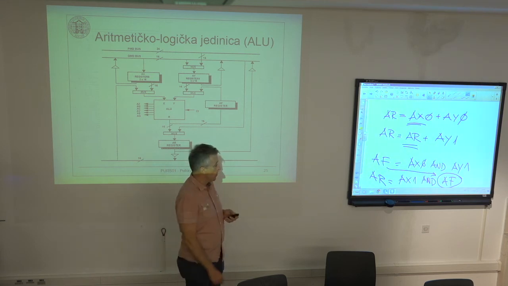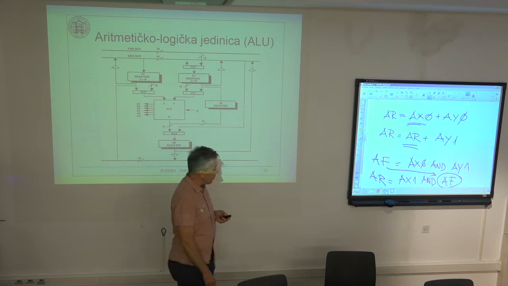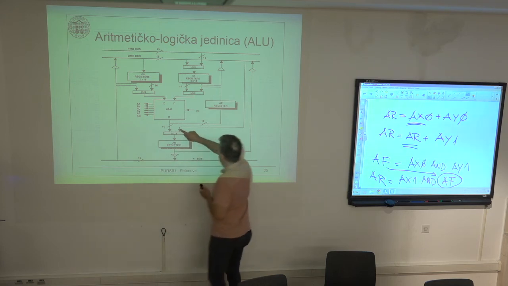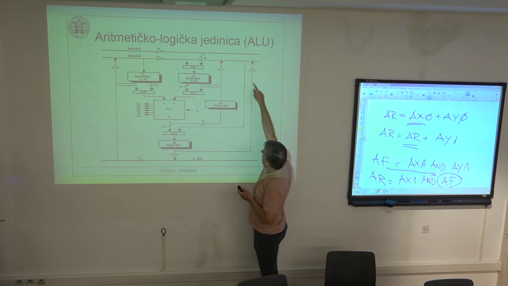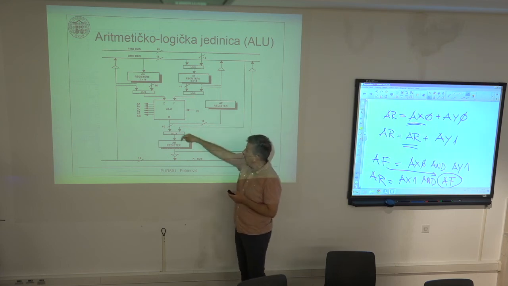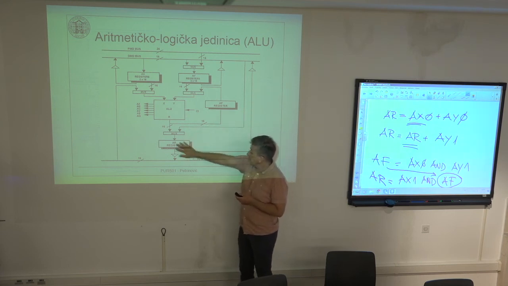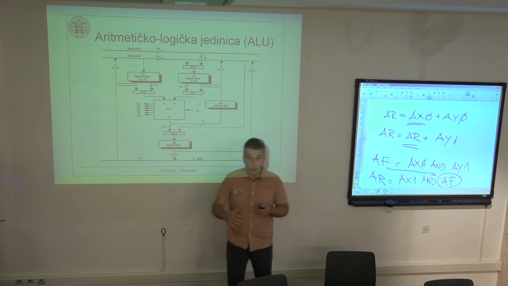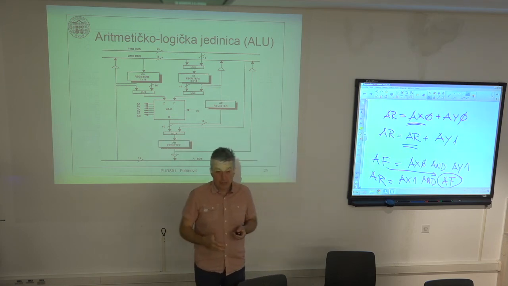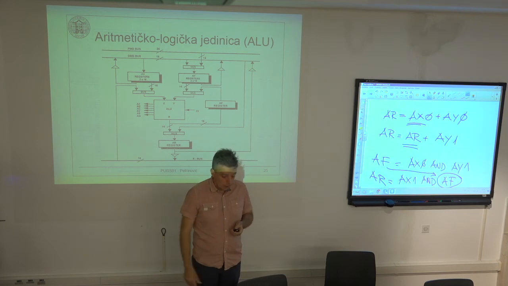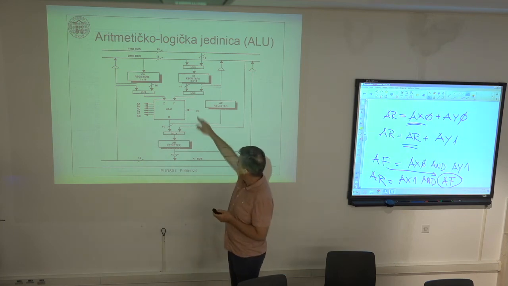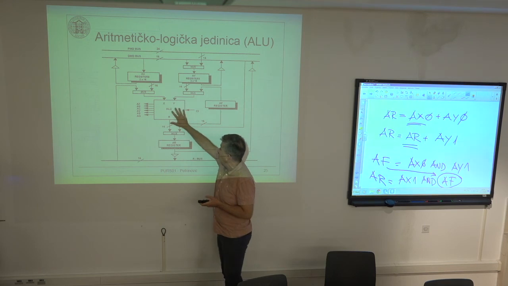We will show such instructions later on. So you have this direct path from the DMD bus into the AR register. It is used for initializing some value into the AR register directly, skipping the normal path through the ALU unit.